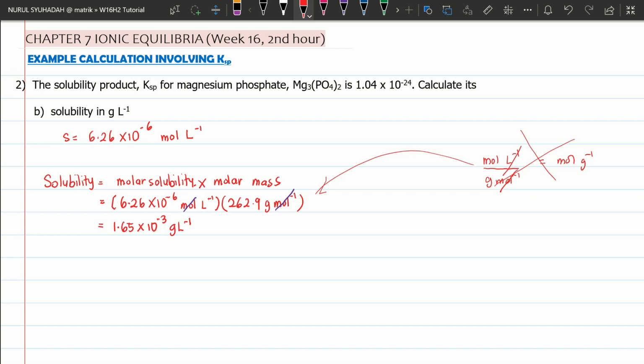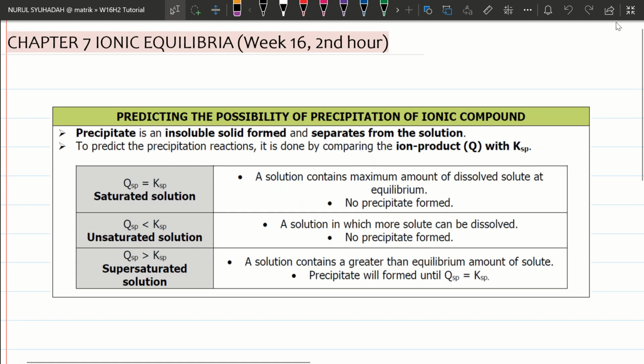Okay, now let's move on to the next part of this subtopic. Okay, so the next one is predicting the possibility of precipitation of ionic compound. So macam tadi, kita nak masukkan kita punya solid ataupun solute inside solvent, which is usually kita pakai water for now.